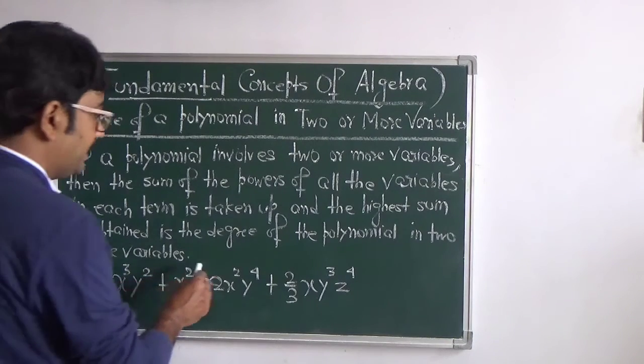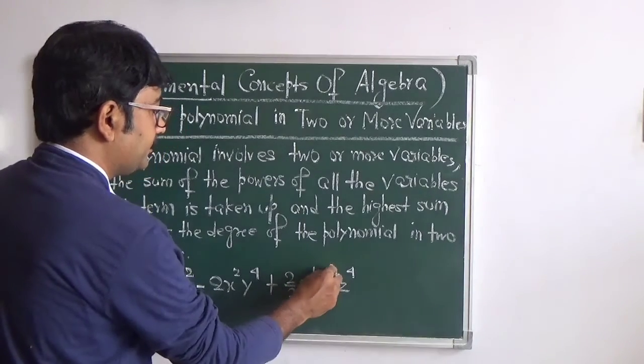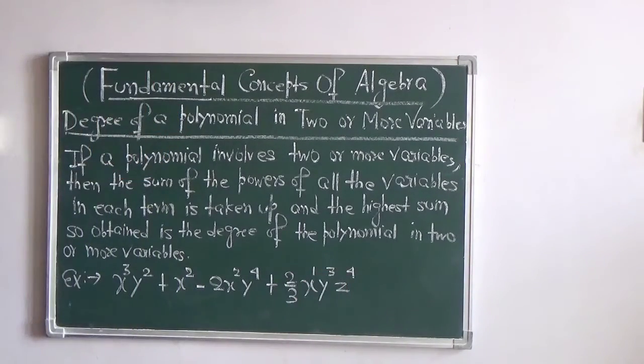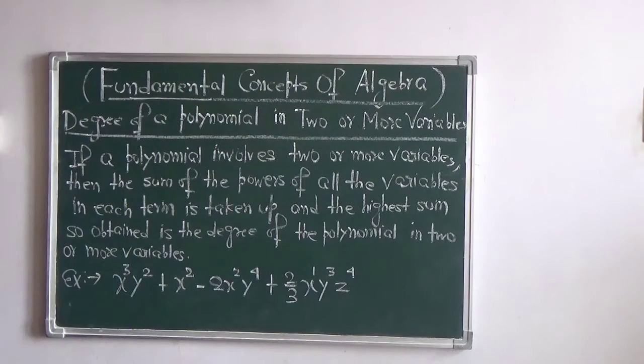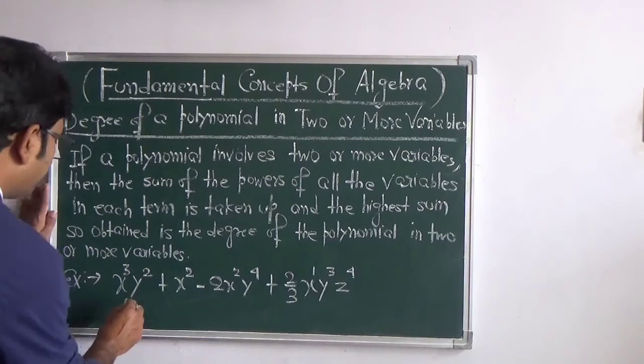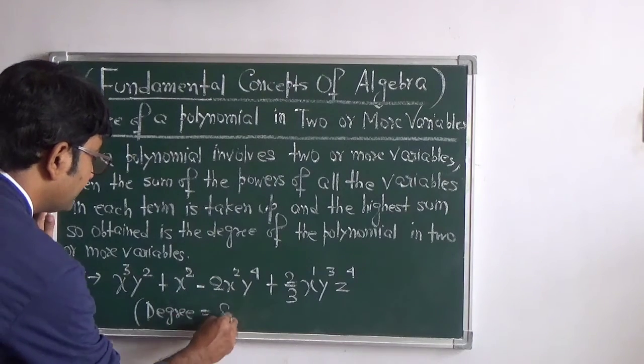This is 2. This is 2 plus 4, 6. This is 1 plus 3 plus 4, 8. So the highest sum is 8, and this highest value is the degree of the polynomial. So the degree will be equal to 8.